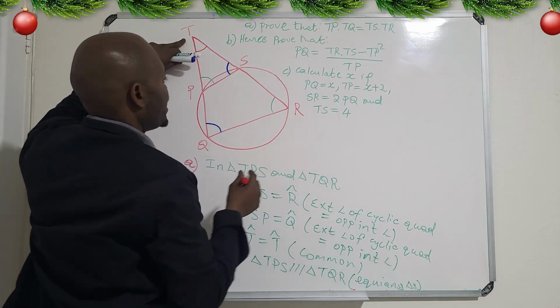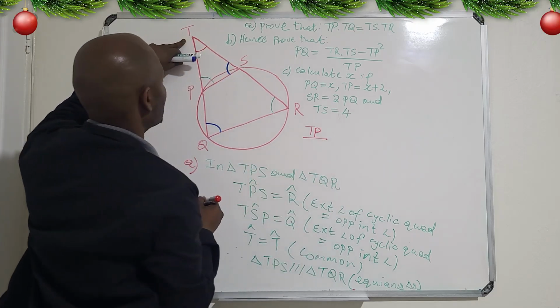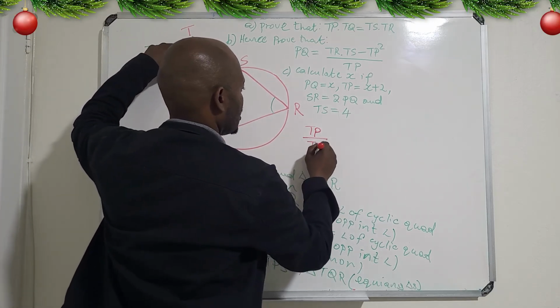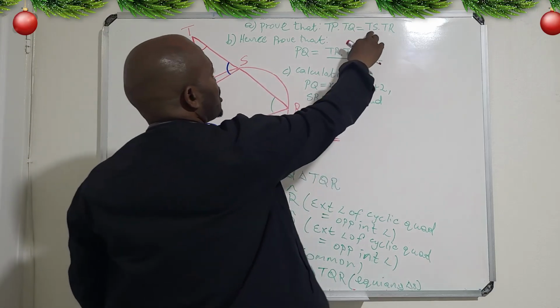Then we can say TP over TR is equals to, now we've talked about TS.